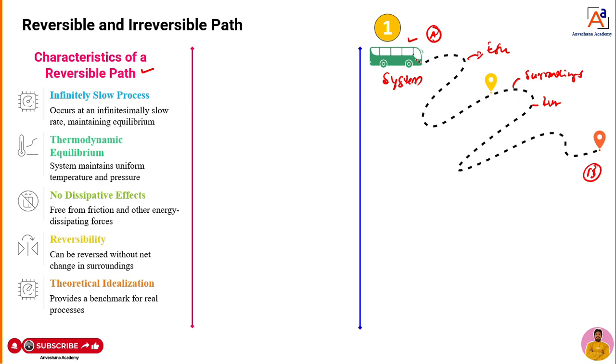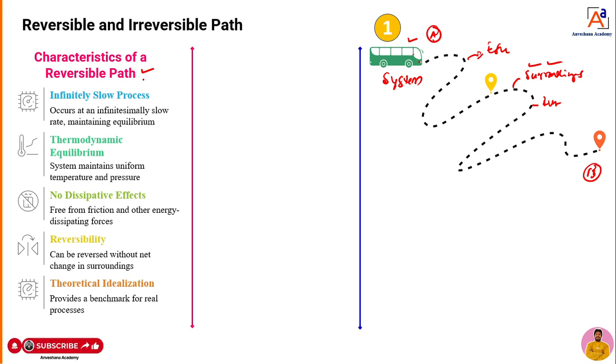That means a system can return to its original position without causing any net changes on the surroundings or environment. That is known to be a reversible path.